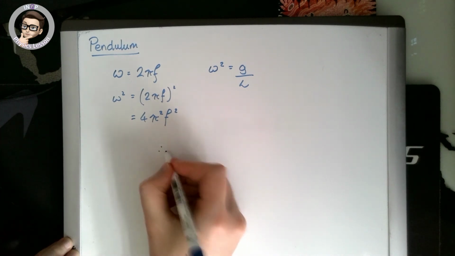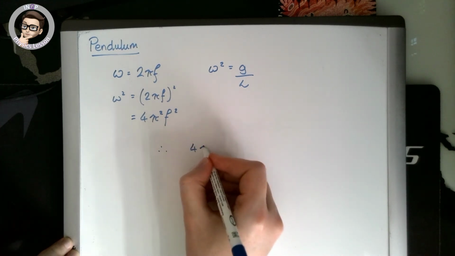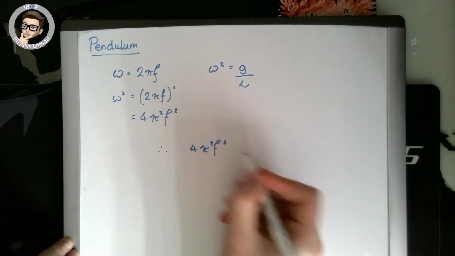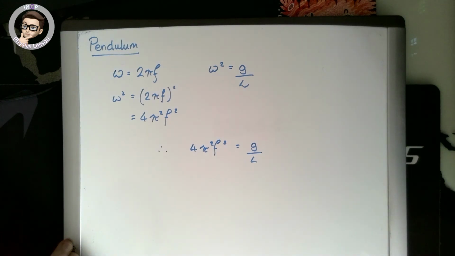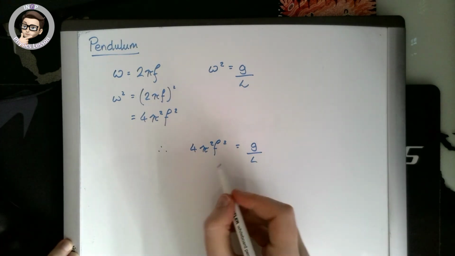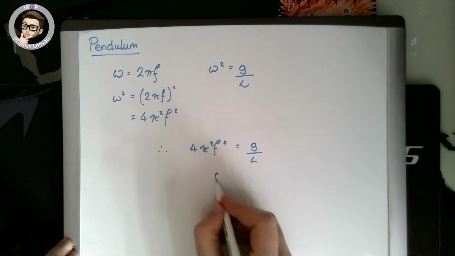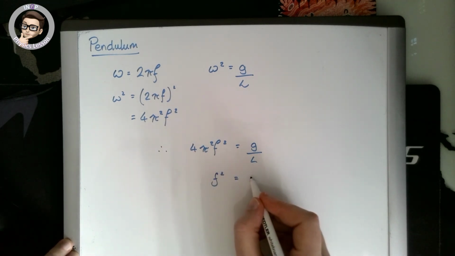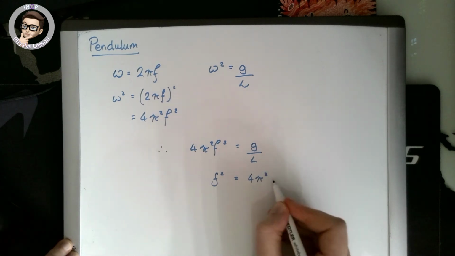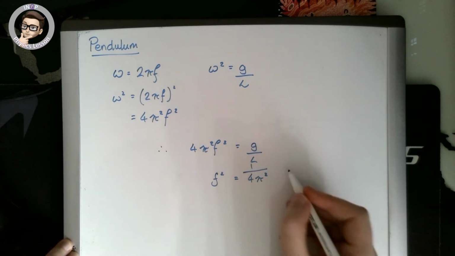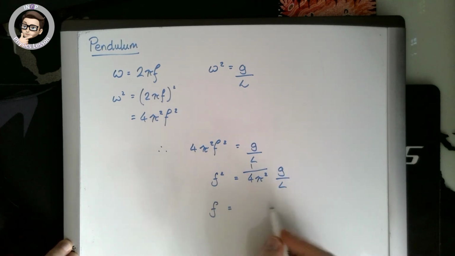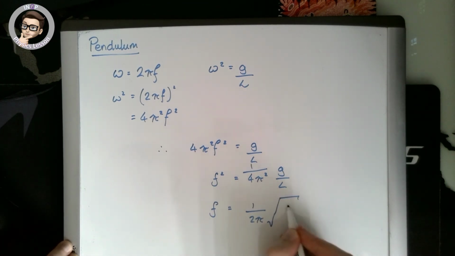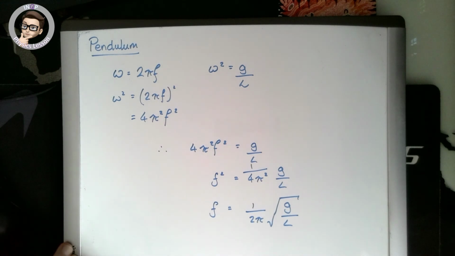So therefore we have 4 pi squared f squared is equal to g over L. So let's redefine this as f. f squared is going to be equal to 1 over 4 pi squared g over L. So f then is going to be 1 over 2 pi root g over L.